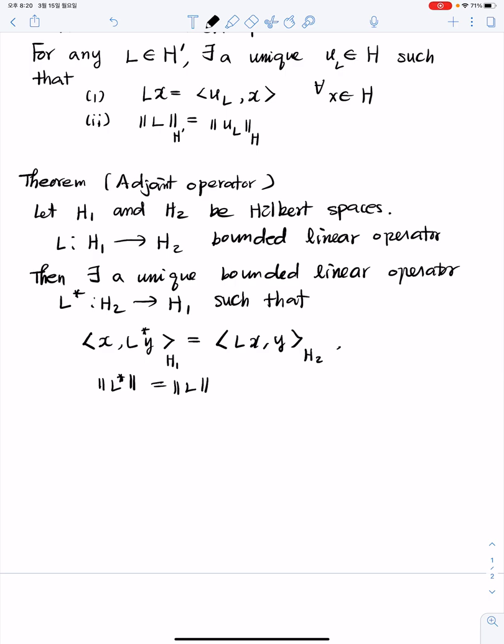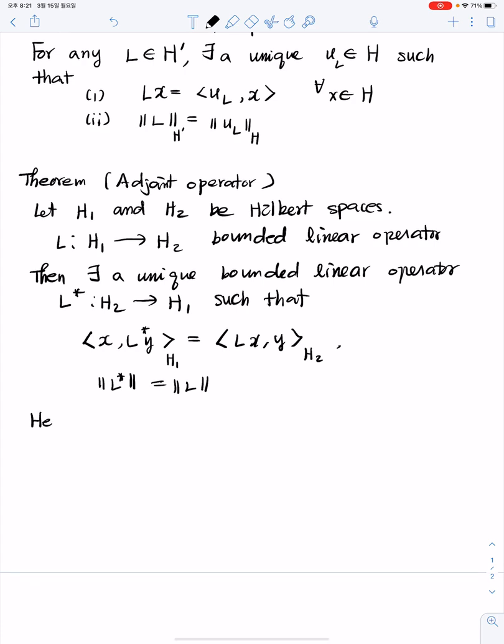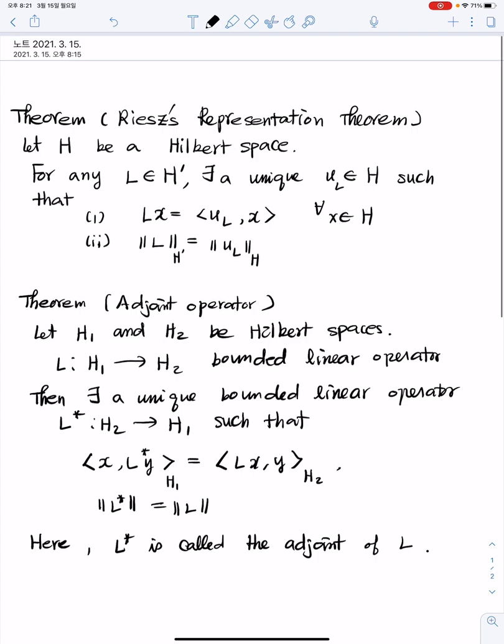So here, L star is called the adjoint operator of L. Okay, this is the definition.